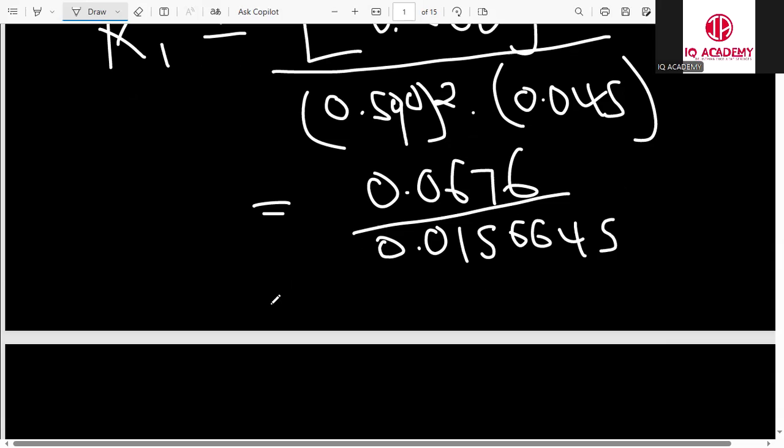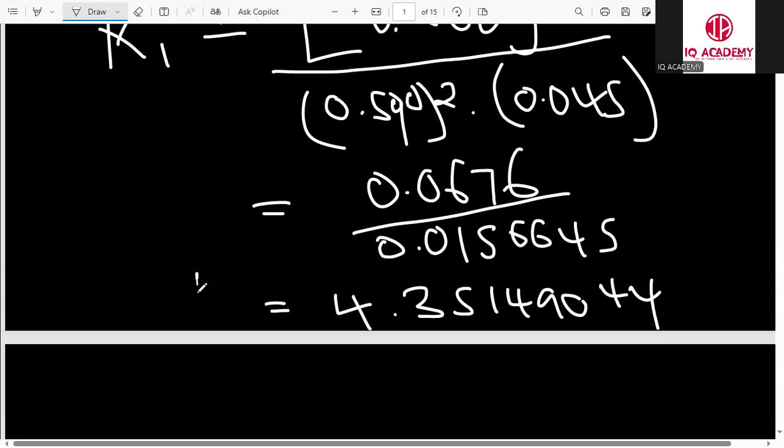Okay, and then you divide this, I'm getting 4.35149044. Remember, this is our K2 now. I should have written K2 here.